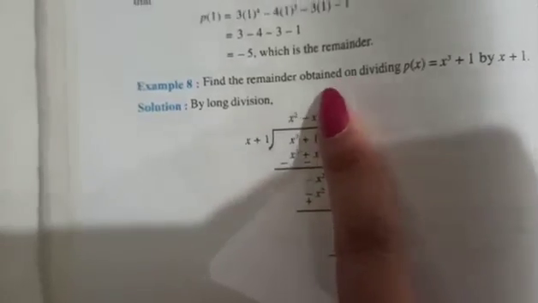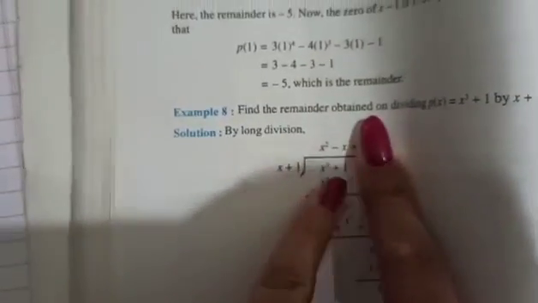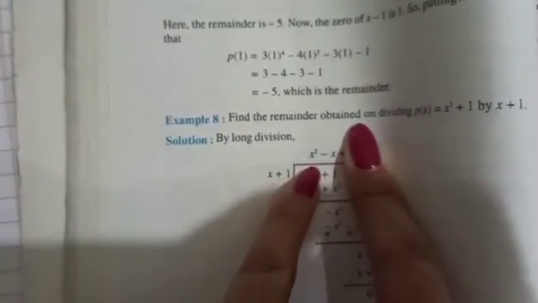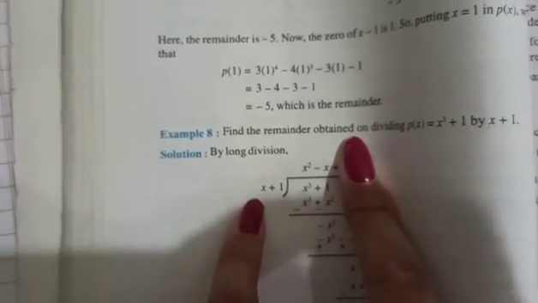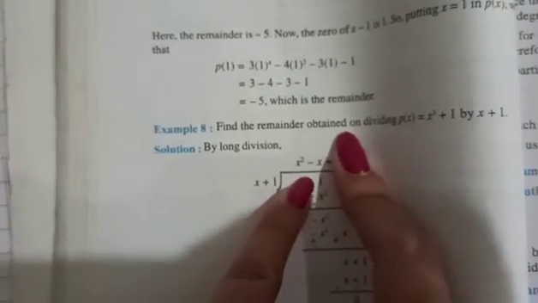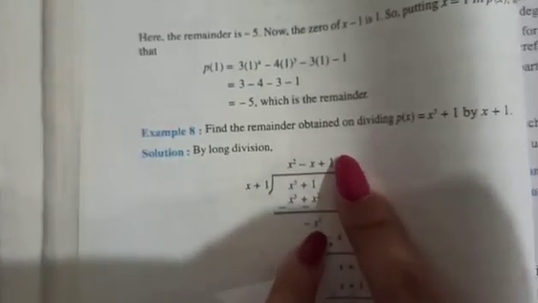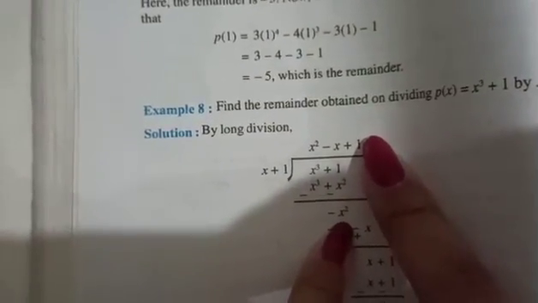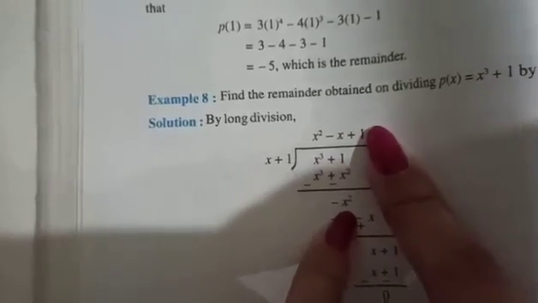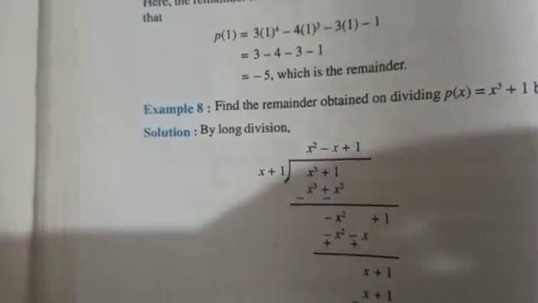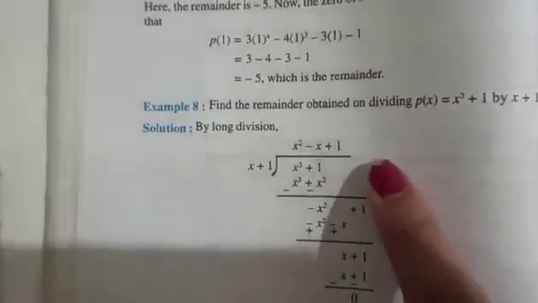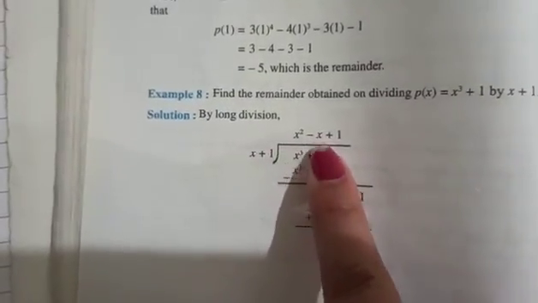So we'll multiply x with minus x. So x multiplied by minus x is what? Minus x square, okay.